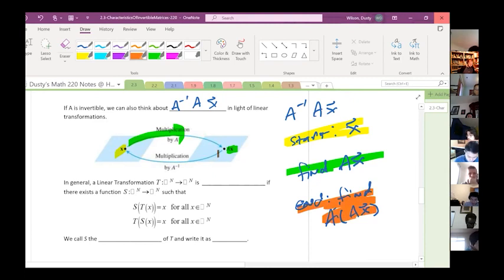So A inverse is going to take me the other direction, and I'm going to end up right back where I started. So we get that A inverse AX is equal to X.